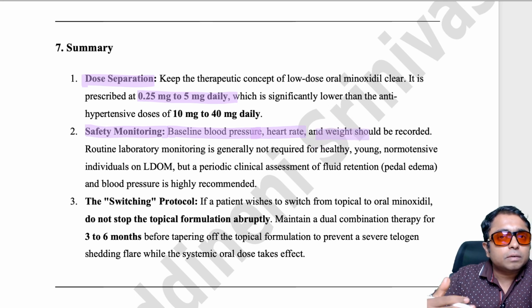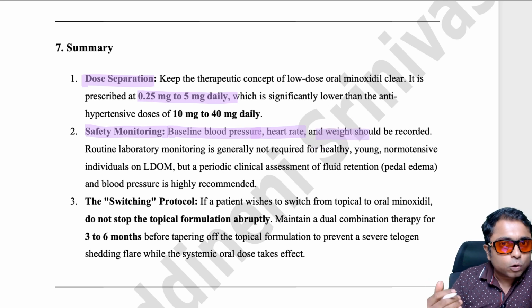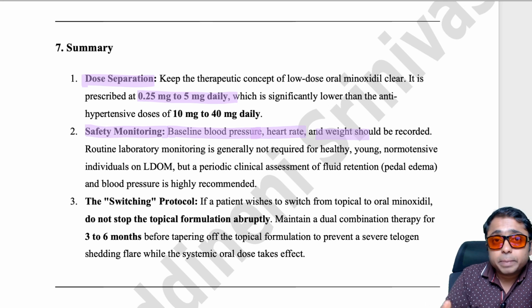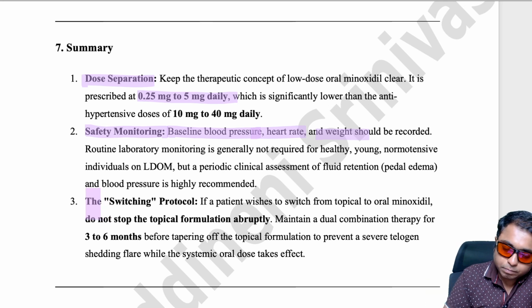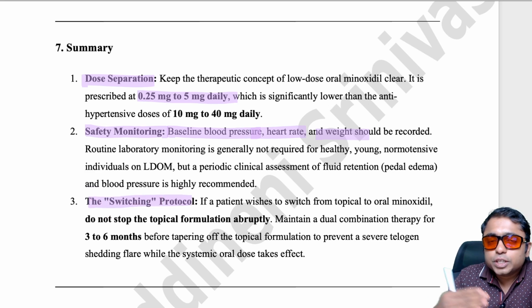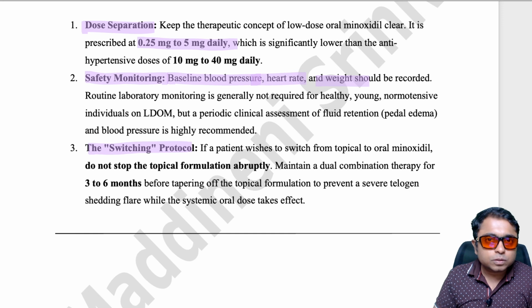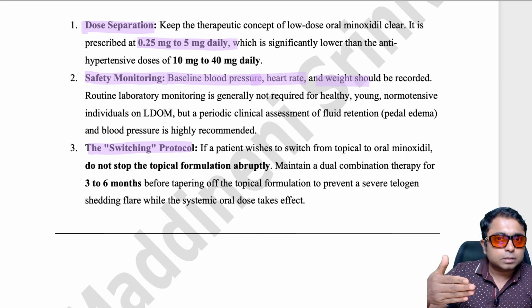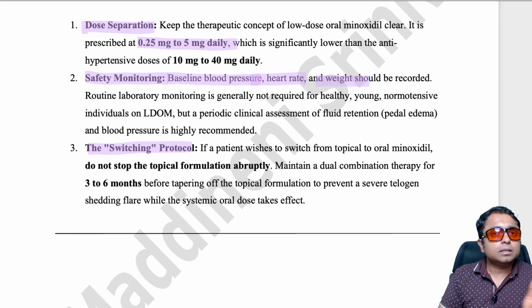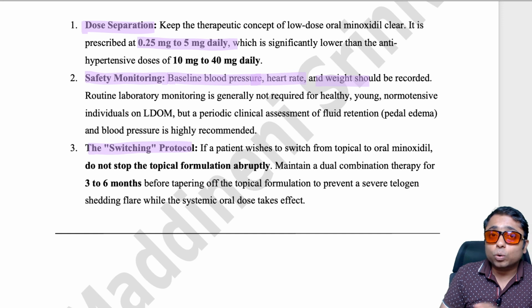And because we have already seen LFT, KFT can also help identify if the patient is having any abnormality in the functions of the liver and kidneys. And if you remember, the switching protocol also should be followed, so that there will not be any issues while tapering and stopping the topical formulation and putting the patient on complete oral minoxidil.